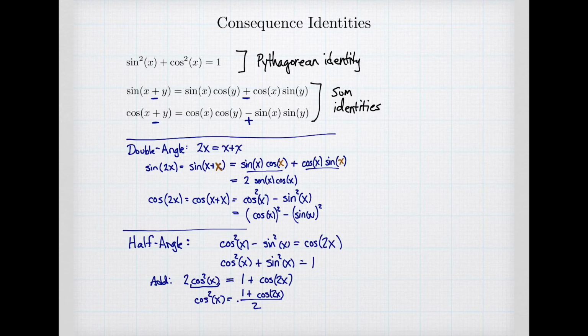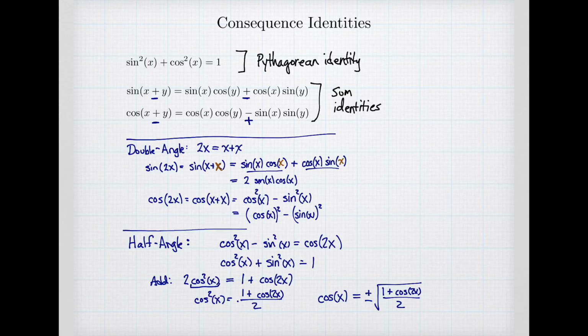Okay, so the cosine of x, half of double the angle, is either plus or minus the square root of 1 plus cosine 2x all divided by 2. Now the sine, the only way I can figure that out is by checking which quadrant I should have ended up in.